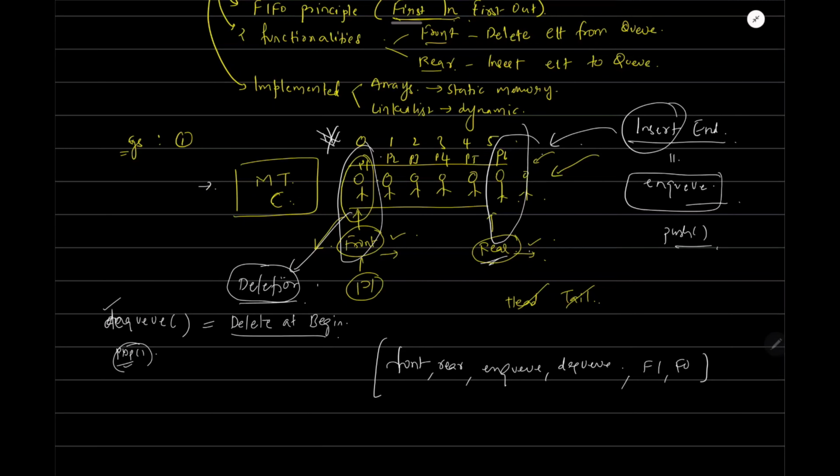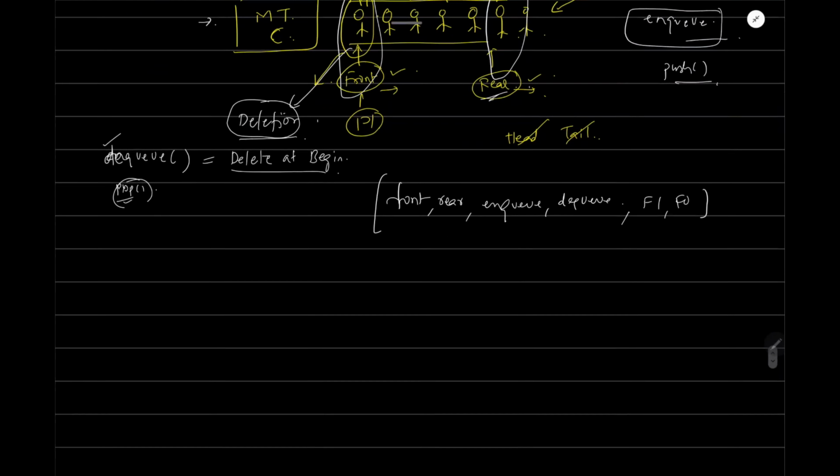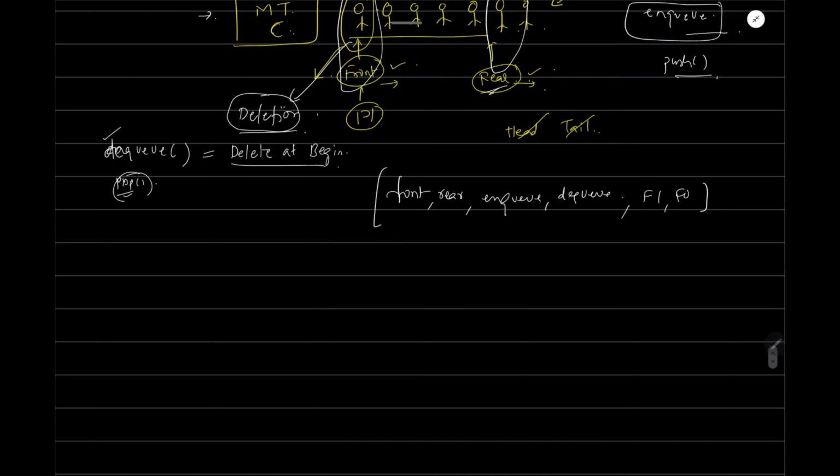One example we saw is the counter, and the second example, in terms of computers, is this. Let's say there is a printer. A printer is a shareable resource, a multi-shareable resource.